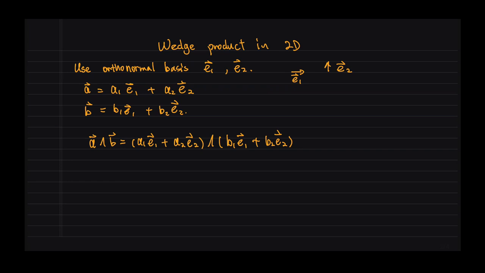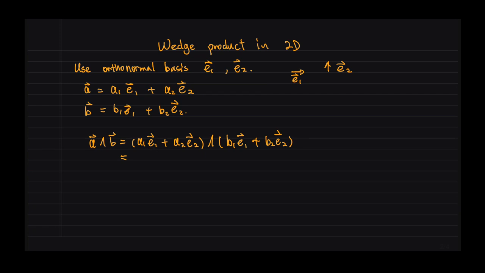Now let us say that we have two vectors, A and B, with A equal to A1 E1 plus A2 E2, and B equal to B1 E1 plus B2 E2, and we wedge them. Then let us see what the wedge product becomes.